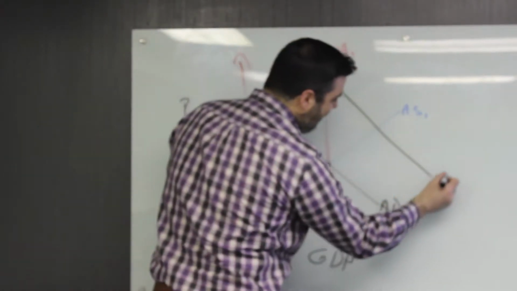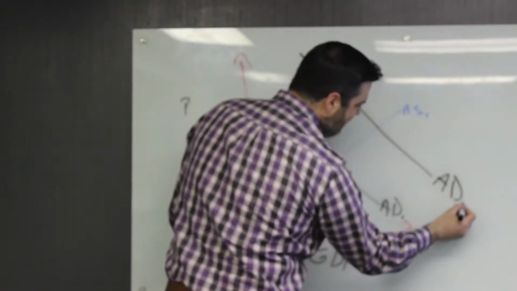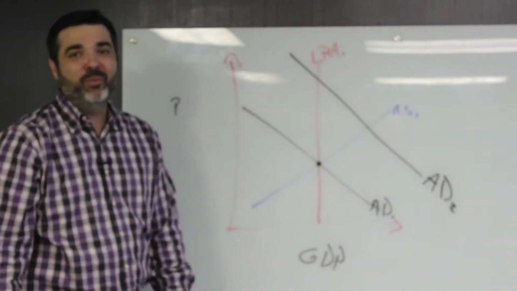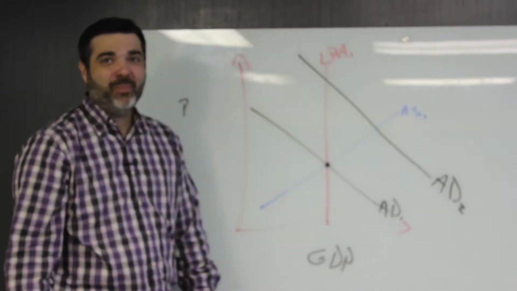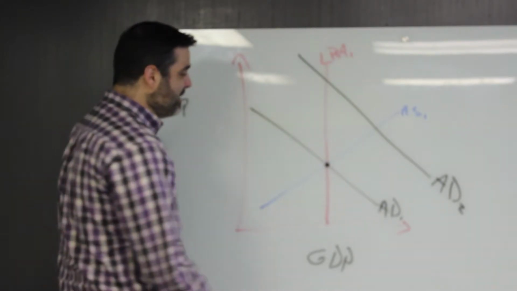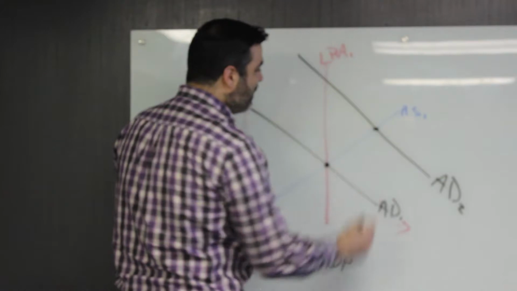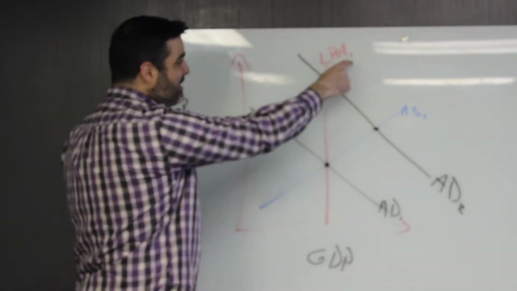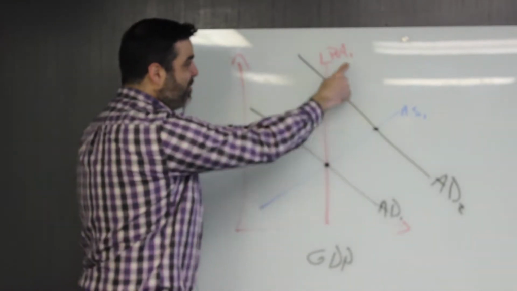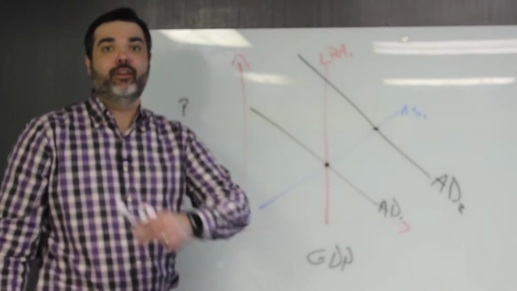And a tax cut happens, and our aggregate demand curve moves out because consumer spending goes up. And what happens? All of a sudden, we're way out here now. But our long-run aggregate supply curve, it doesn't like that.